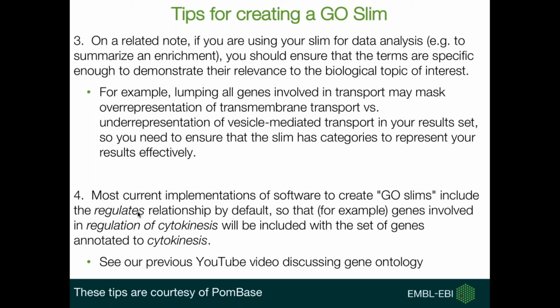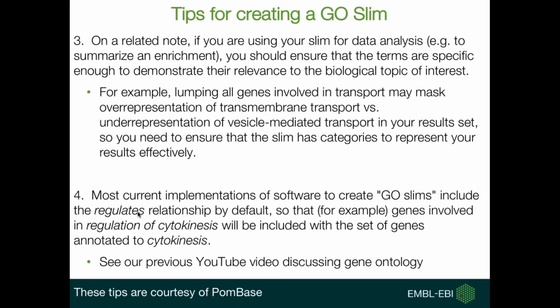And finally, if you're using external software that's not QuickGO, like Cytoscape, which can create GoSlims, part of the relationships that establish the connections between GO terms, one of them is regulates. And it does exactly what you mean. It means a gene product regulates this biological process or this molecular activity.